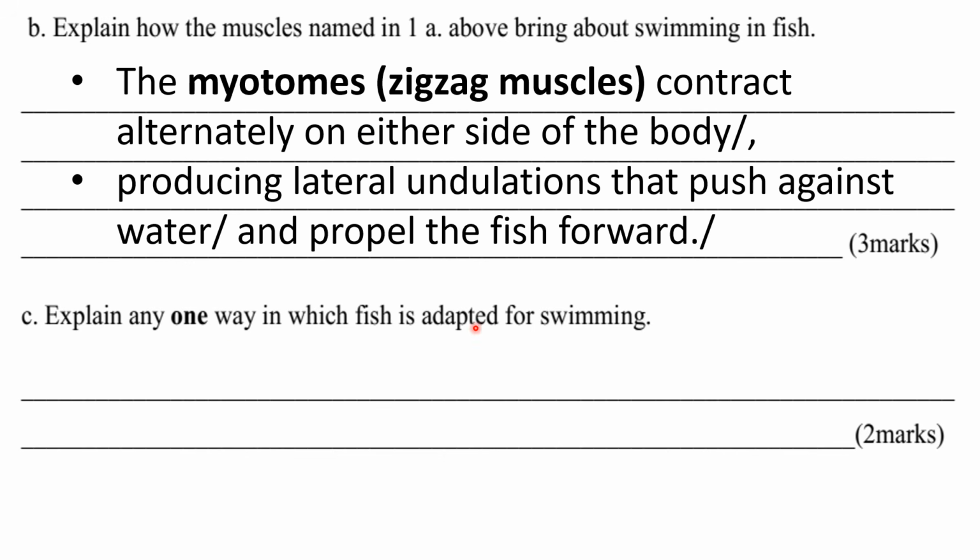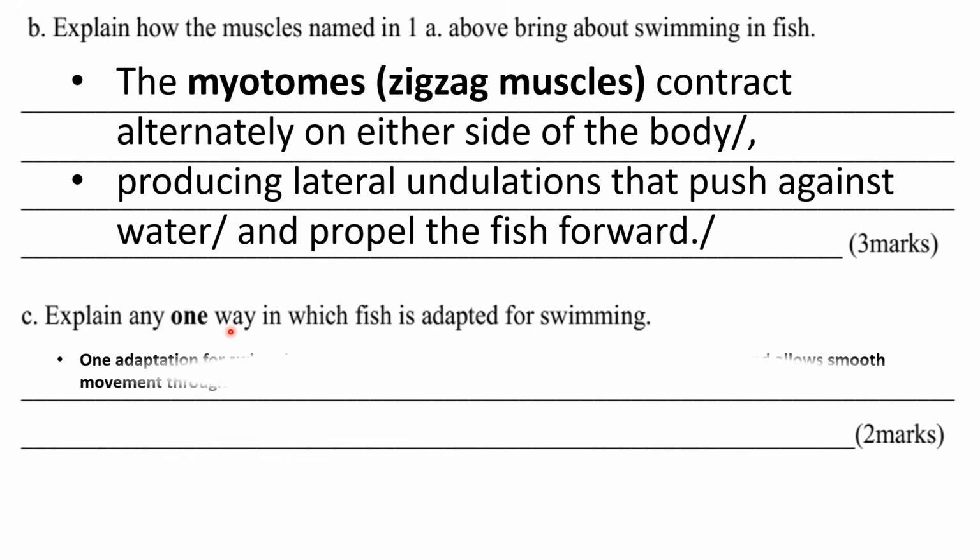Explain any one way in which fish is adapted for swimming. All right, so how are fish adapted for swimming?